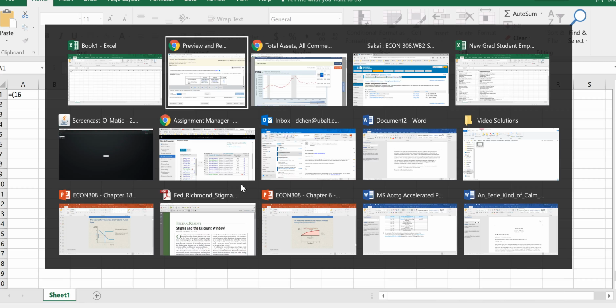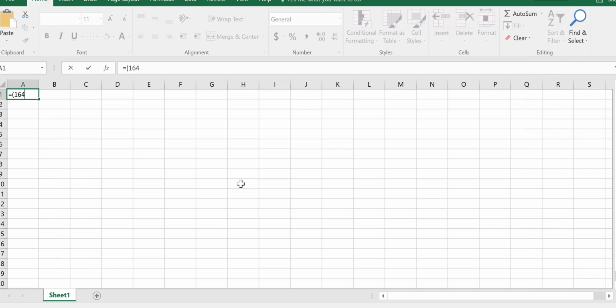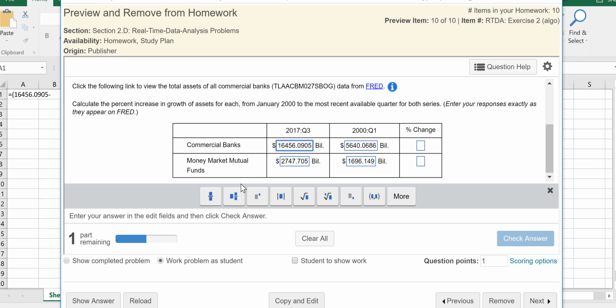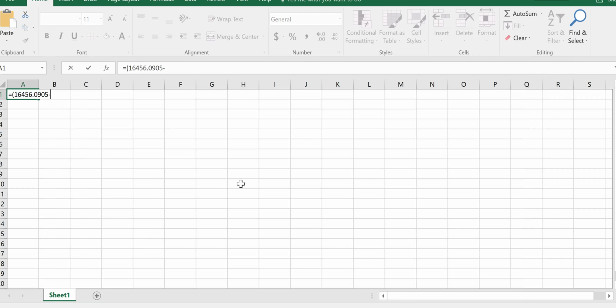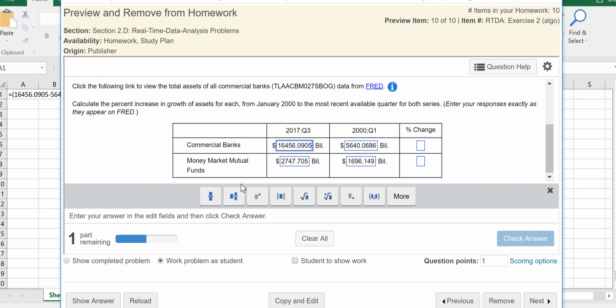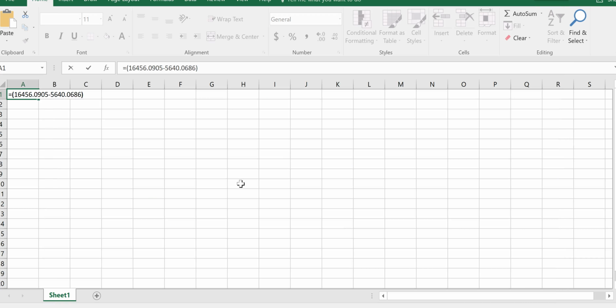So 16456.0905 minus 5640.0686 over 5640.0686.